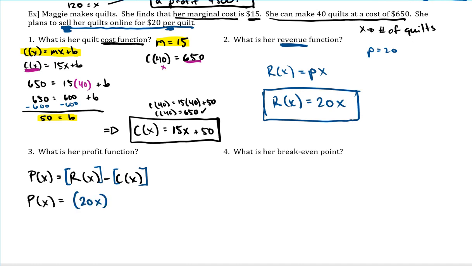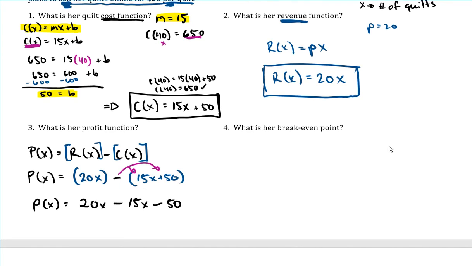The whole revenue is 20x, minus, and in parentheses the cost, which is 15x plus 50. Again, use those parentheses, because every time this minus is going to distribute. So our profit becomes 20x minus 15x minus 50.